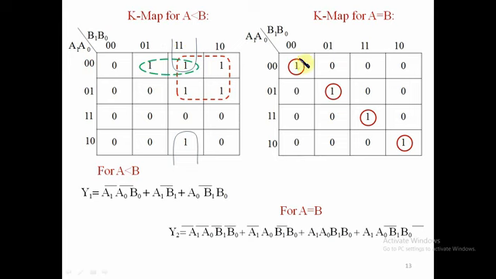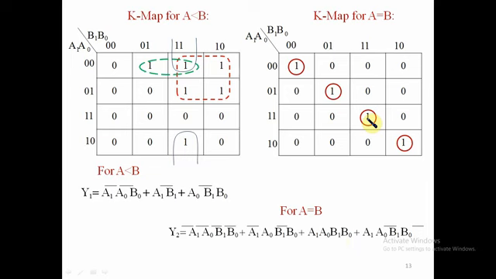In A equal to B, there is no chance for a quad or octet pair. They are single ones, hence we write the equation. For example, first one A0 bar A1 bar B0 bar B1 bar. Second one B1 bar B0 and A1 bar A0.